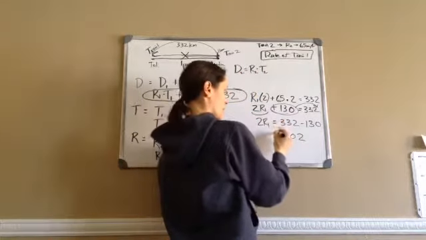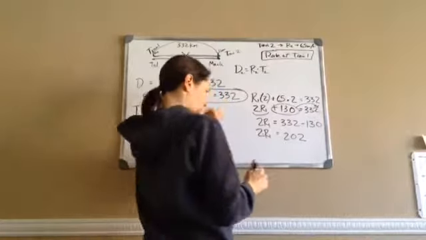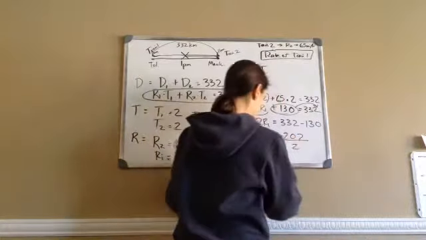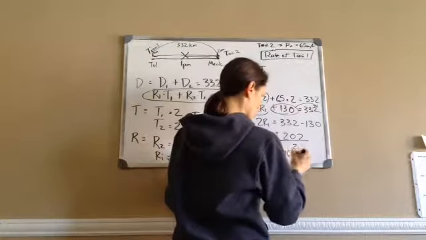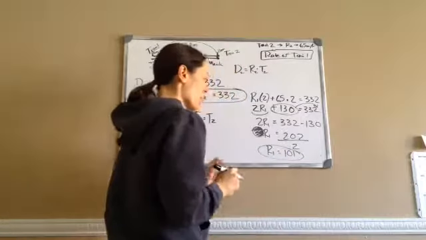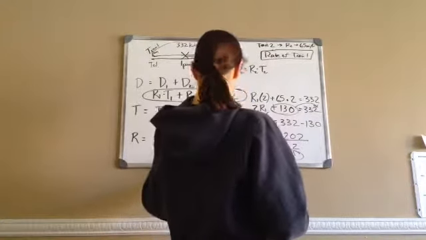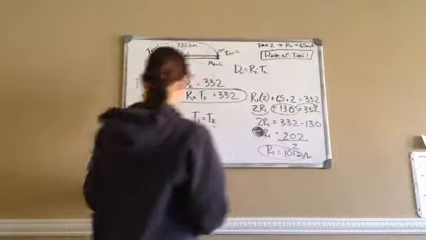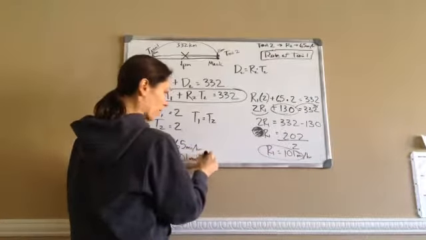And then this is 2R1, so this says 2 times R1, so we're just trying to get R1 by itself. So this times 2 becomes divided by 2 when you cross the equal, and R1 equals 101. So, 101 what? Well, it's a rate, and we're doing miles per hour on this one, so it's 101 miles per hour. So the rate of the first train was 101 miles per hour.